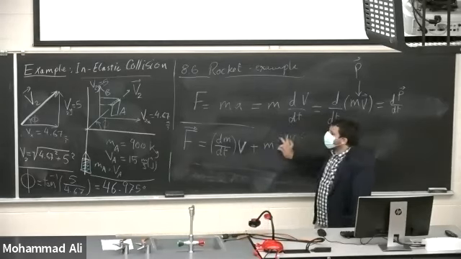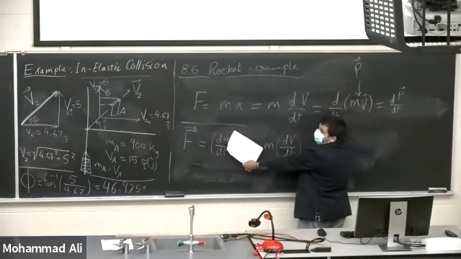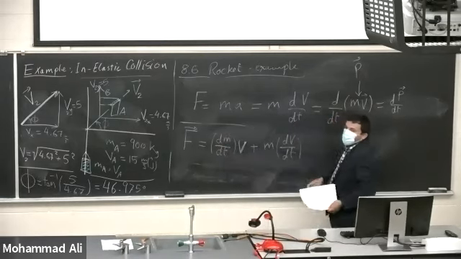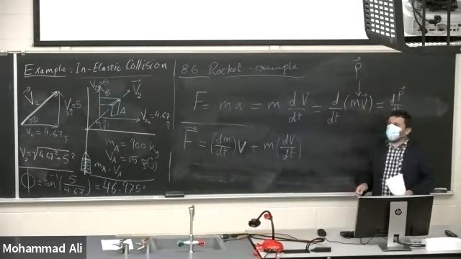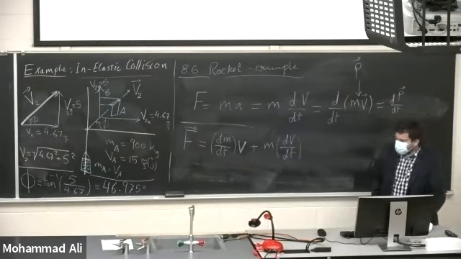So this is the general form of Newton's second law. In general, we know this new term is related to some examples like the rocket. Because I will show you now.